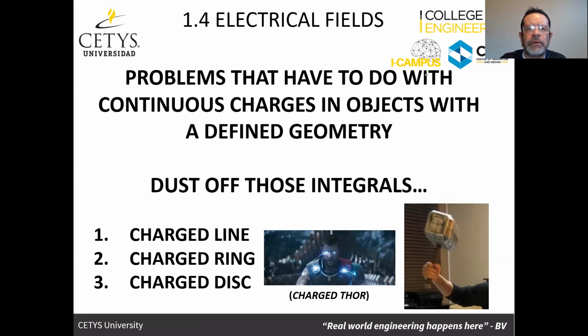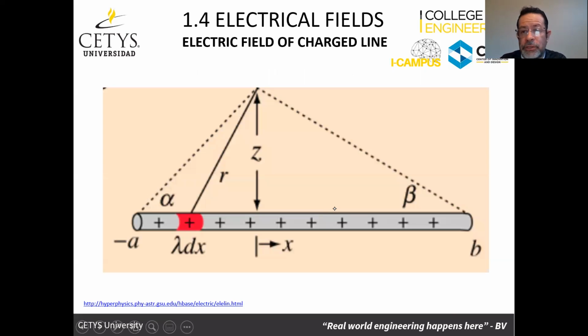So there that is. So let's talk first about this first situation, which is a charged line. What does this mean? Well, now we're not talking about a point charge. So we're not talking about one charge located in a point that has no geometry. Now we're talking about a line. So it's a line that's charged.